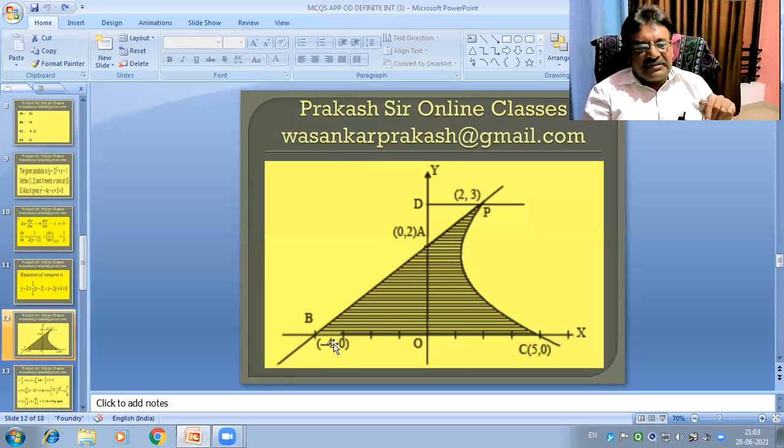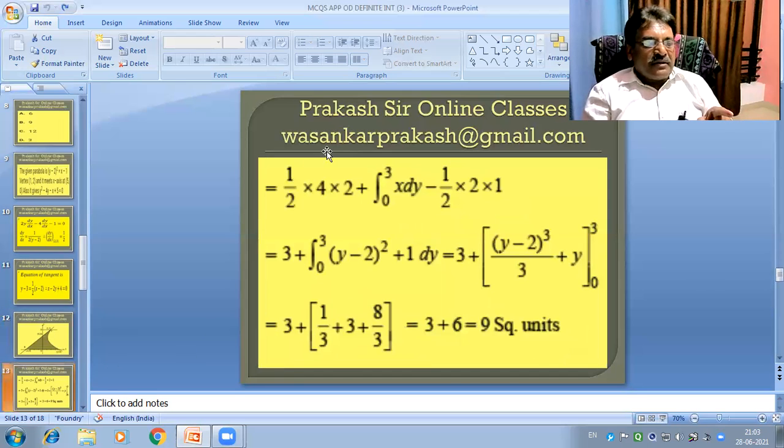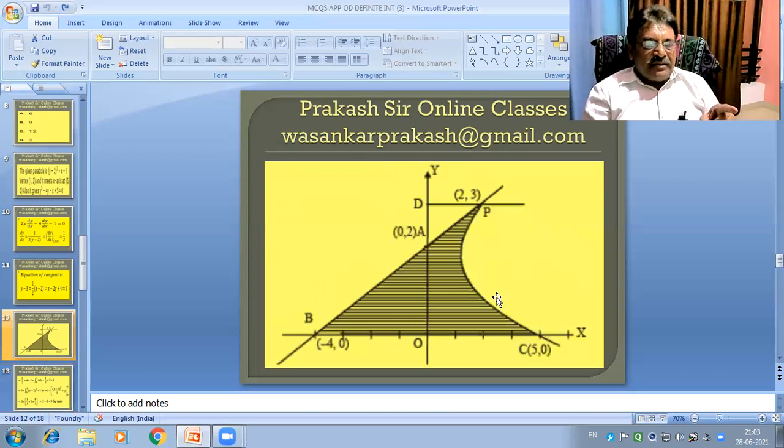Here the base is 4, because the distance of the point B from the origin is 4, length is non-negative, and the height is 2. So we write 1 by 2 into 4 into 2, plus we find this other area.